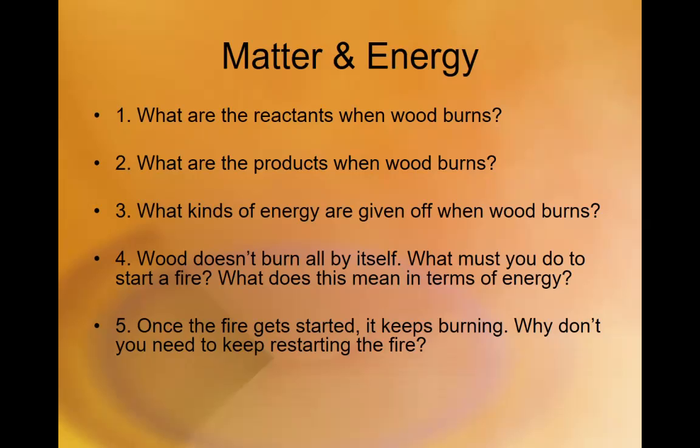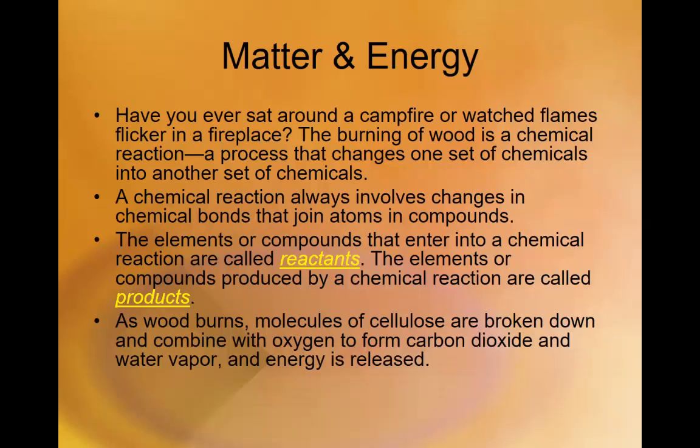So let's go back to our previous slide. What are the reactants in the wood? The reactants are what you begin with. As wood burns, you have molecules of cellulose, and they combine with oxygen. So your two reactants in this particular chemical reaction are cellulose and oxygen.